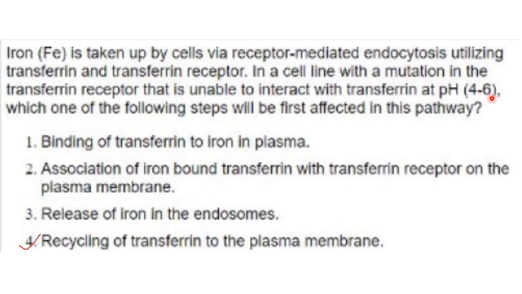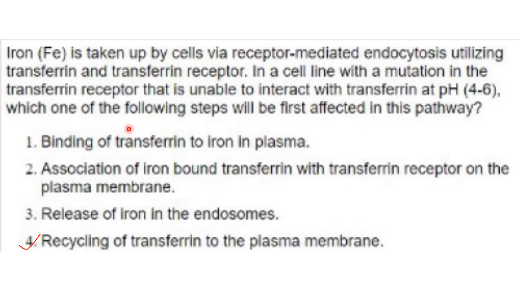But inside the cell, in the endosome, it is pH 5, around 4 to 6. So at the pH of 4 to 6, transferrin receptor is unable to interact with the transferrin. That means transferrin will get dissociated from the transferrin receptor inside the endosome.